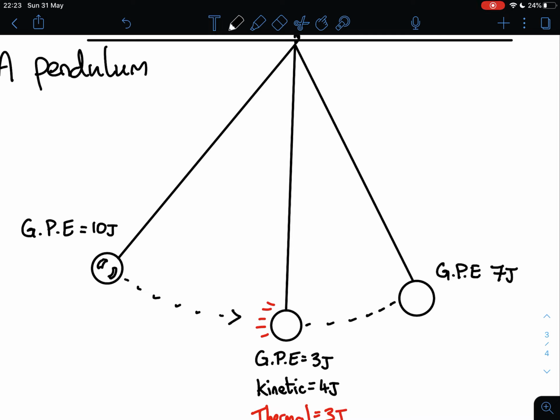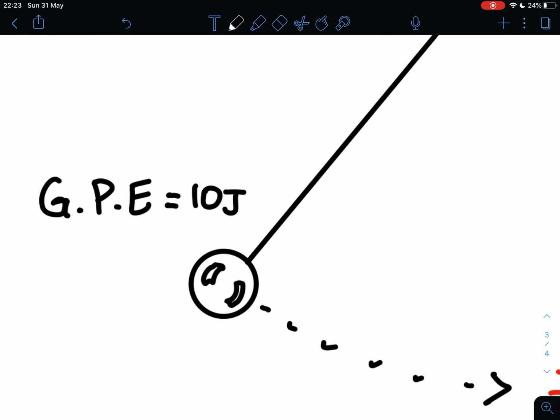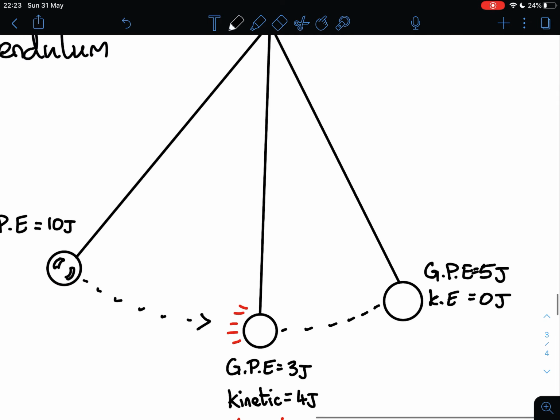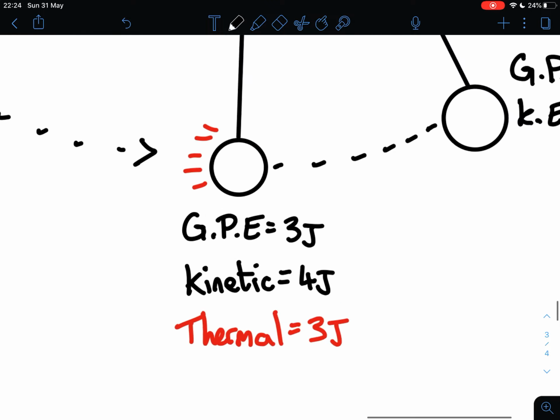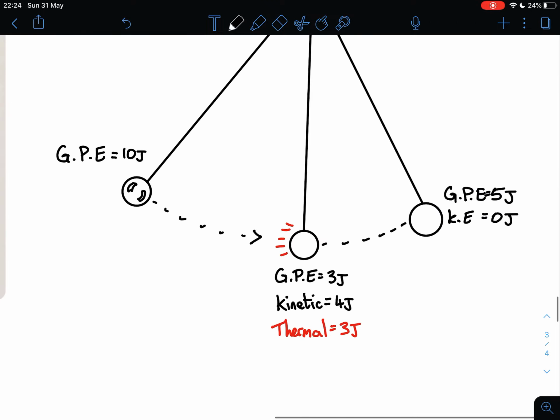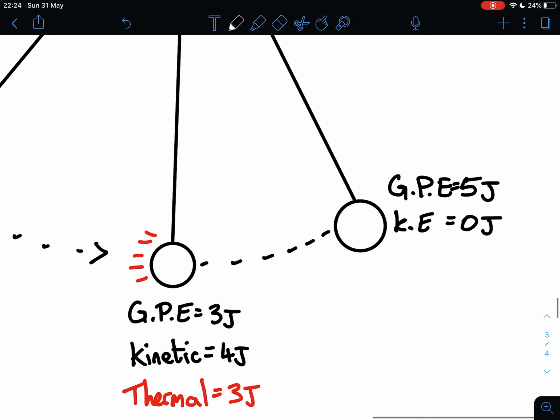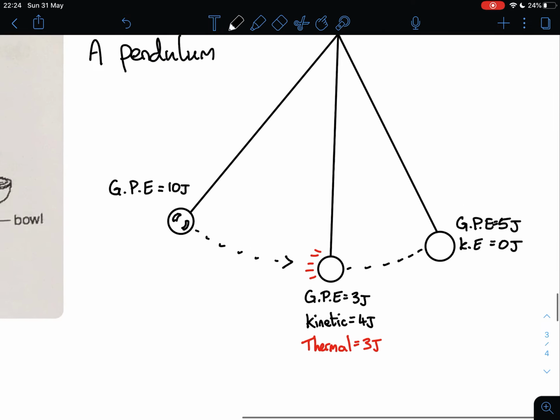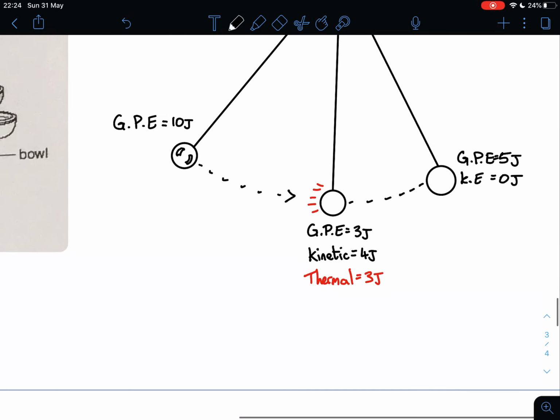In fact, it'll have less than that. Let's go 5 joules. Kinetic energy is 0. It's not moving. So we've gone from having 10 to 5 pretty quick. And then as it swings back the other way, again, it's losing it every time as thermal energy. And so it doesn't go as high. Backwards, forwards, until all the energy is transferred into thermal energy.